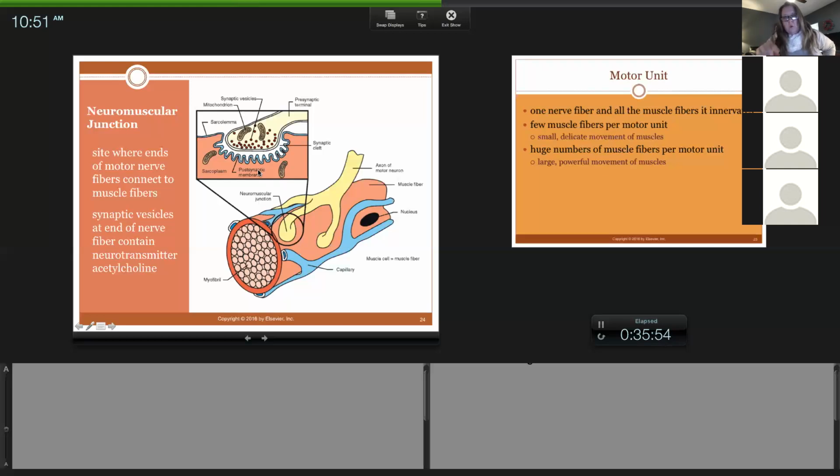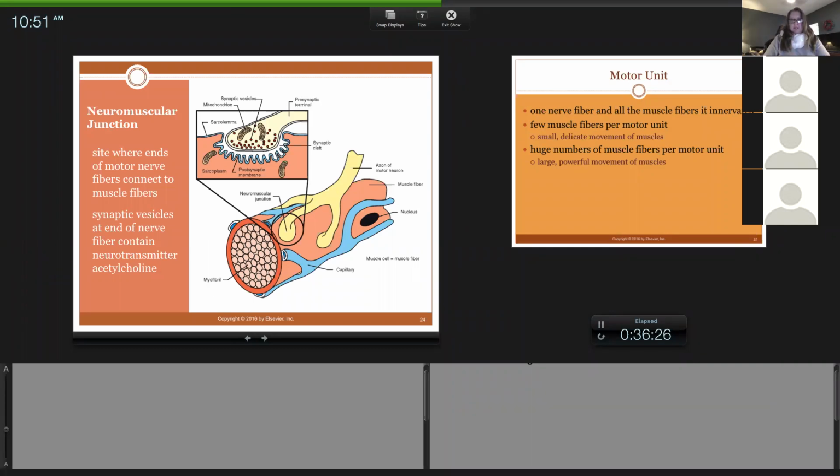When acetylcholine goes into those muscles, it's going to trigger the calcium channels to open and contract the muscle. Therefore, I move my hand. So the neuromuscular junction is the nerve's connection to the muscle, literally. And that is how the nerves are connected, okay, to the muscle.